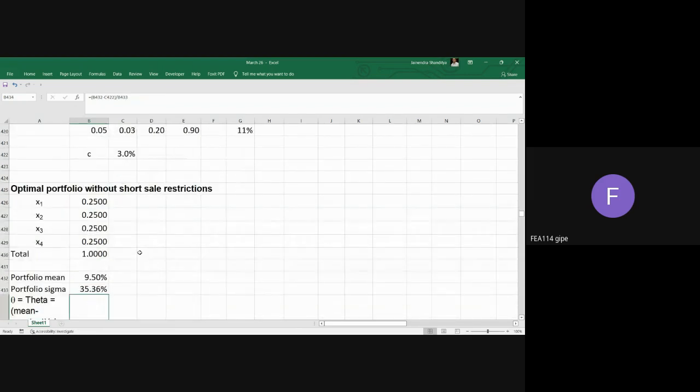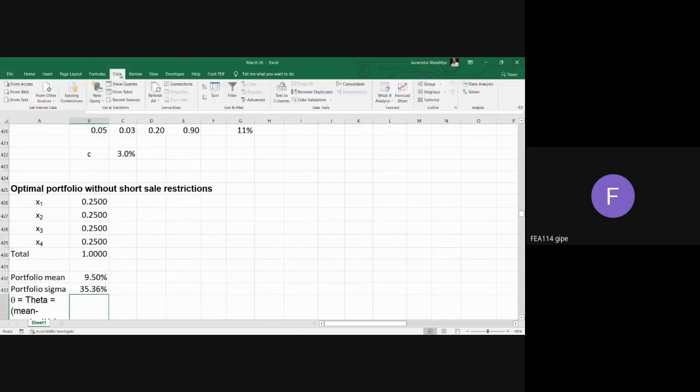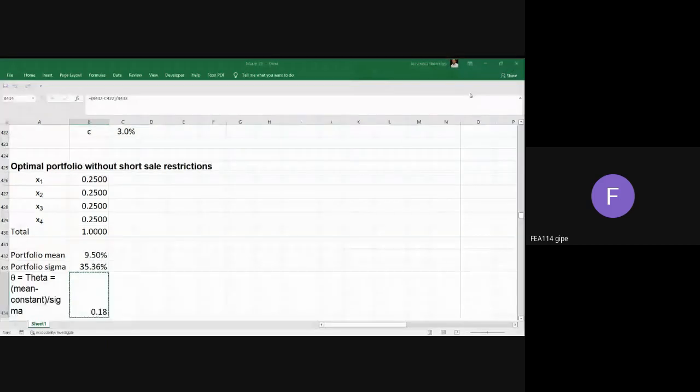Whether this is the optimal or not, we go to solver. This is our theta, so we want to set the objective to maximum. We could set some value also, but we set it at maximum. And we want to change these values because we don't know them.